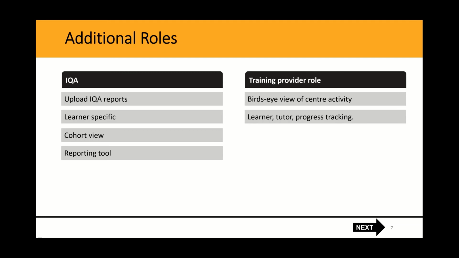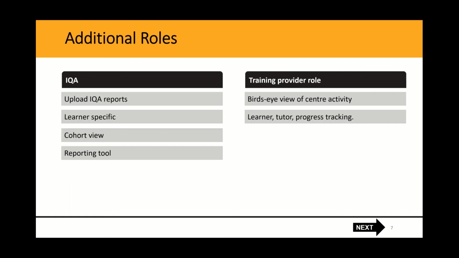They do give you what you need them to. The whole system is going to be a process of continual improvement, but certainly for these, you've got the main functions. Drop in your IQA reports, review individual learners and take cohort views.